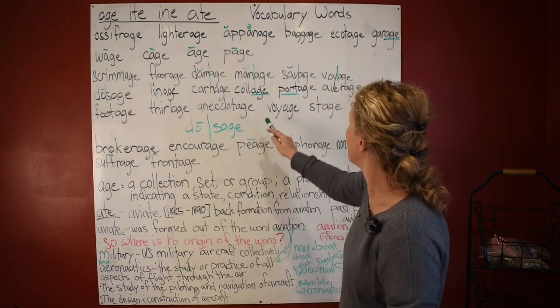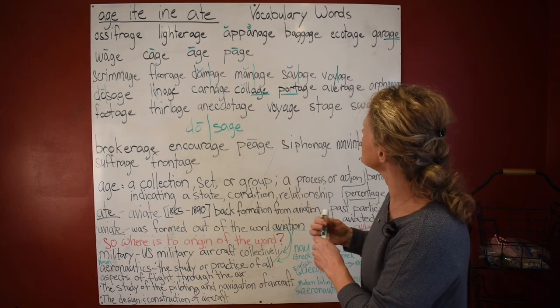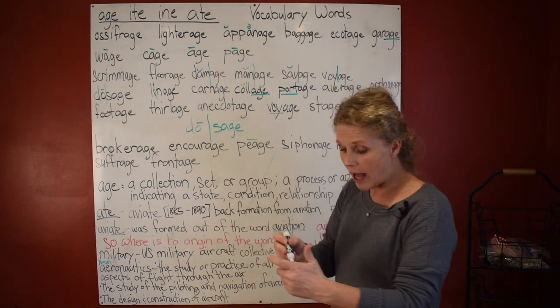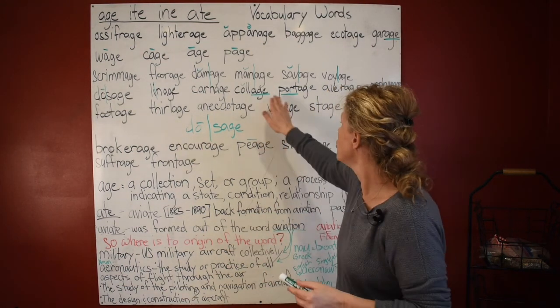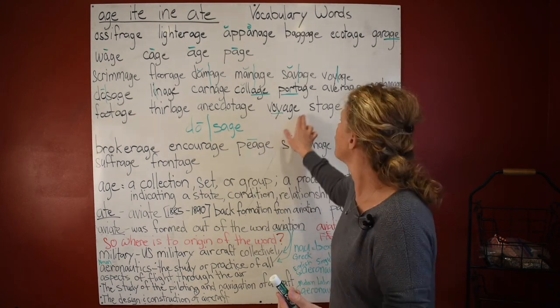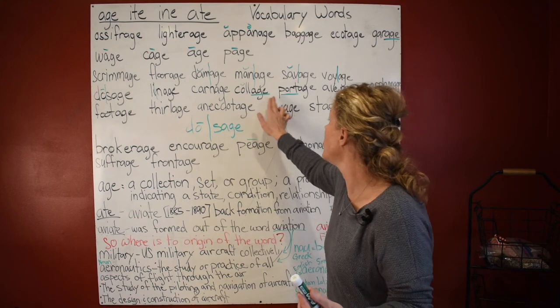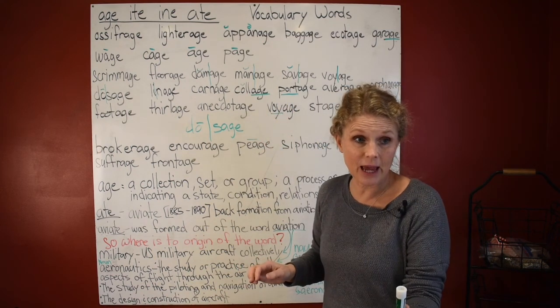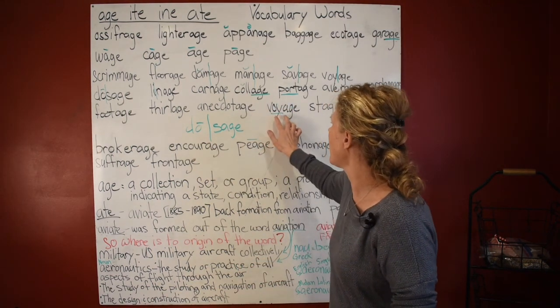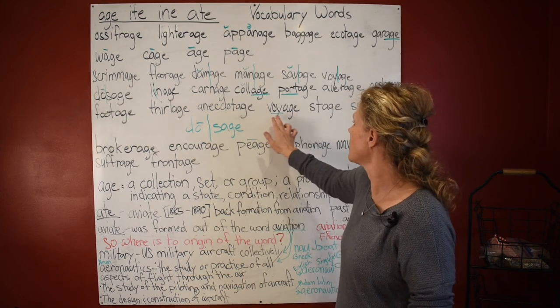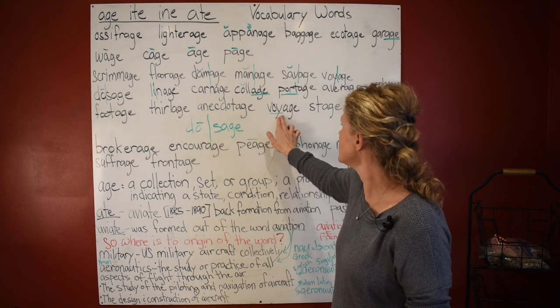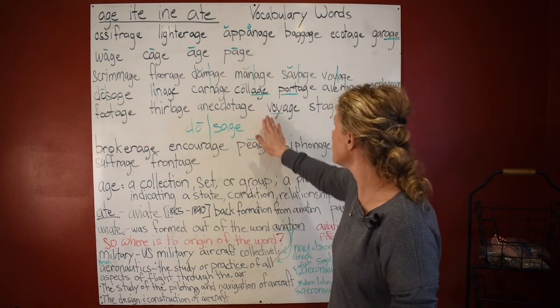Okay? Voyage. Again, I wanted to point out if you have an OY, you know you have a base word in voyage. So we have the vowel team OY. We know OY can only sit at the end of a word. So you know this is a suffix right here and this is a base word. Does that make sense? And you follow the spelling rules.